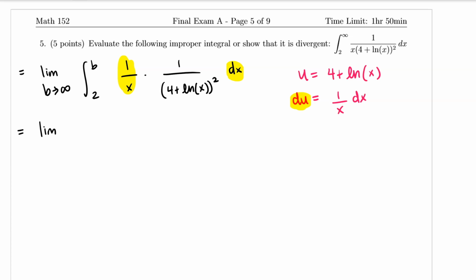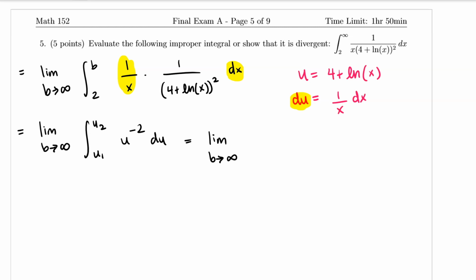So I'm going to rewrite this as the limit as b approaches infinity. We're rewriting our integral in terms of u, so I'm going to call my limits of integration u1 and u2, and then we're going to have 1 over u squared du. And it might be helpful to instead write this as u to the negative 2 power so that we can take the antiderivative using the power rule.